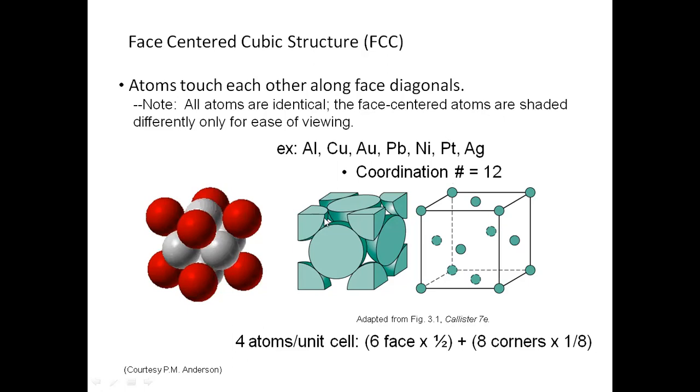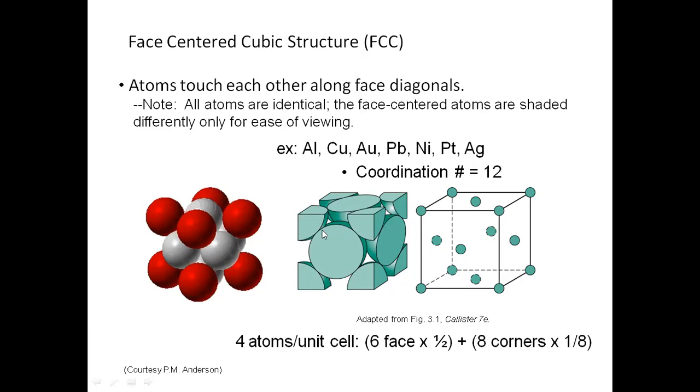No one is willing to give it a try. Okay, let's do it together. So the easiest are these ones in the corners, isn't it? There are 8 corners, and they are 1/8 each. So we have 8 corners times 1/8, which gives us 1 atom. All these added together make up 1 atom.